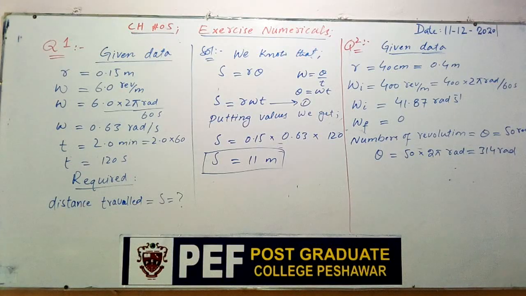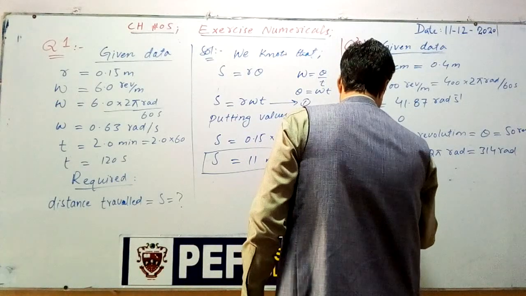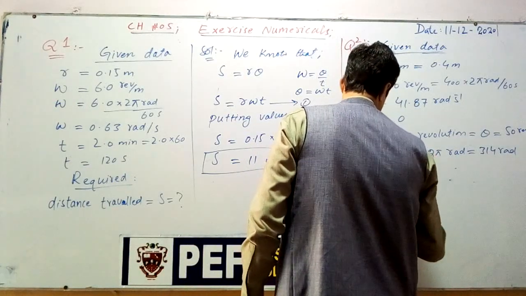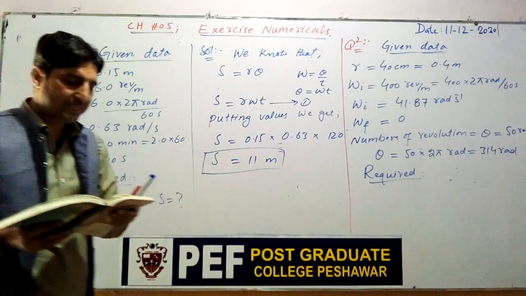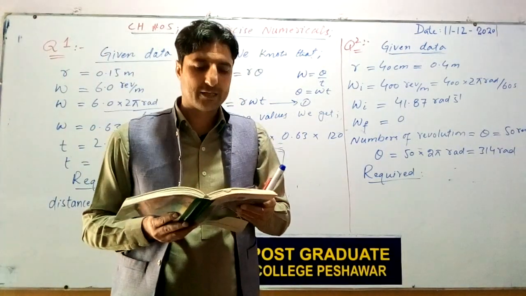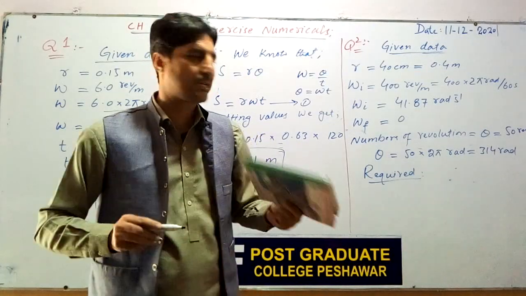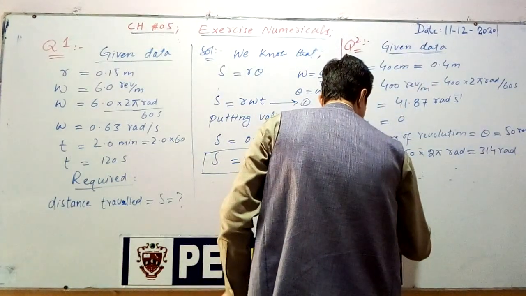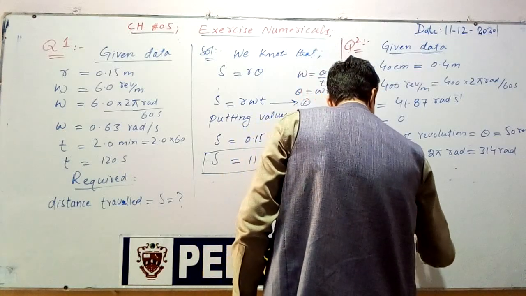Angular acceleration required is, what is the angular acceleration and the stopping time. So we have to calculate these two values: angular acceleration, which is represented by symbol alpha, and stopping time, t.